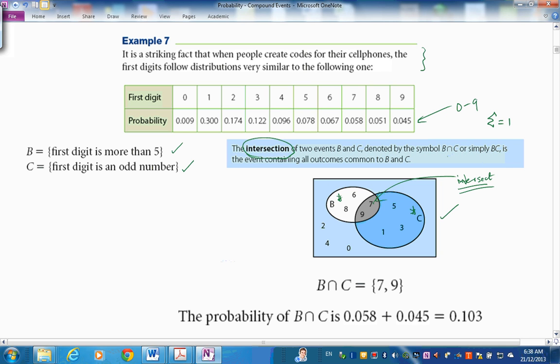Okay, and it's denoted by the symbol ∩, like an upside down U for intersection. B intersection C. And that's the event containing all outcomes common to B and C. So the Venn diagram here is very helpful in seeing why we call it an intersection, the outcomes common to both events.